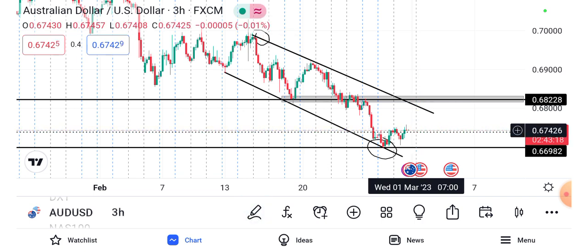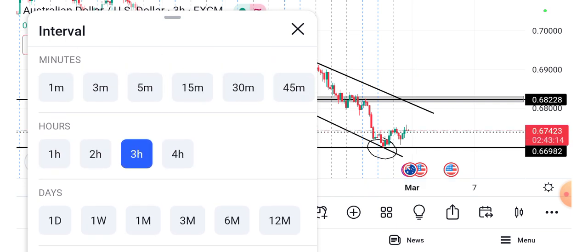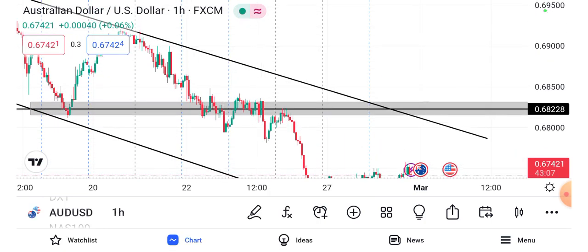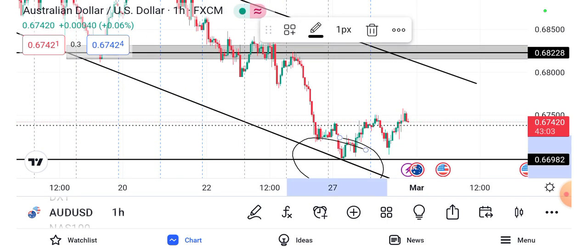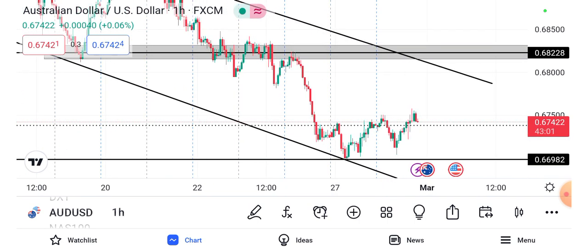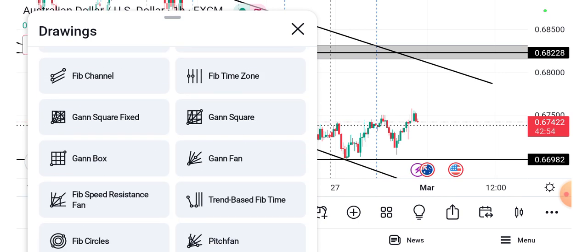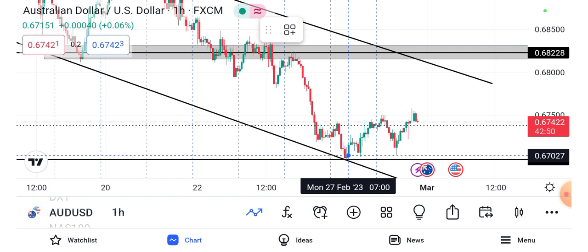So we're gonna go to a smaller time frame. It can be a 1 hour chart, it can be a 45 minutes, a 30 minutes, but then we're gonna go to a 1 hour, so we can see exactly what is happening within this chart right here. So yeah, we can see that there's a mini head and shoulders within this level. Let me just show you guys what I'm talking about. There is this level right here.